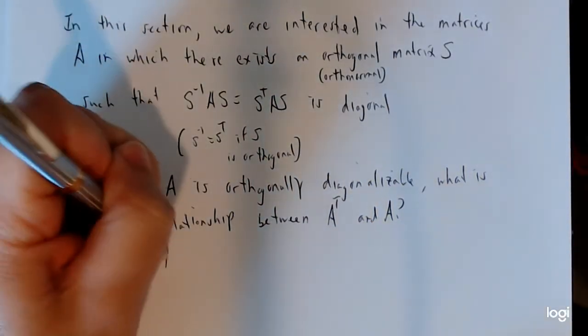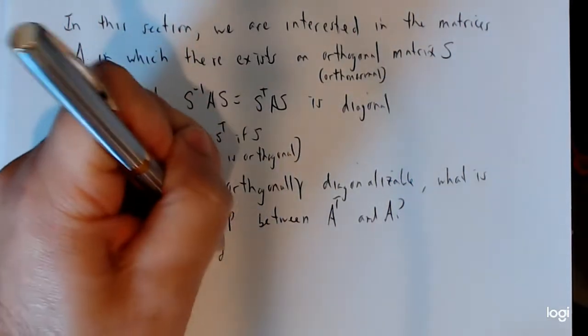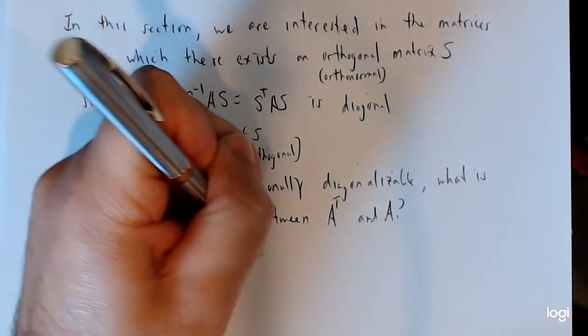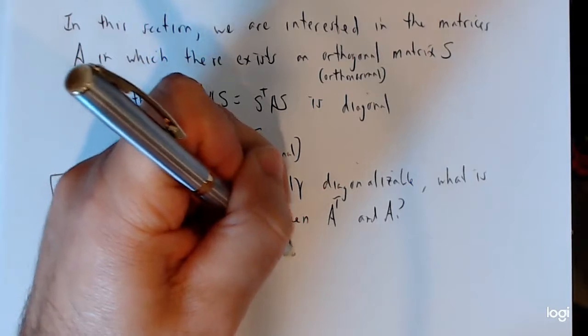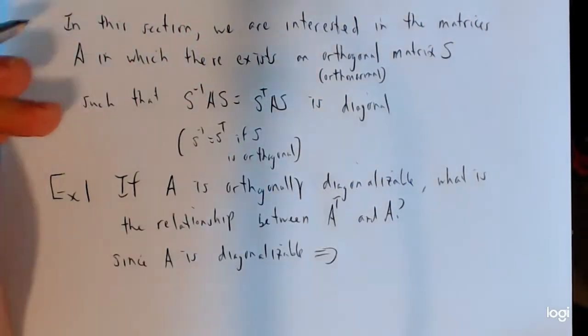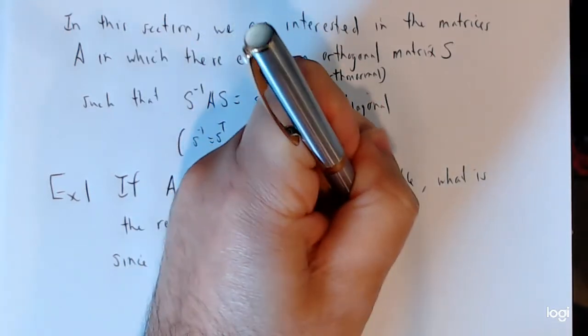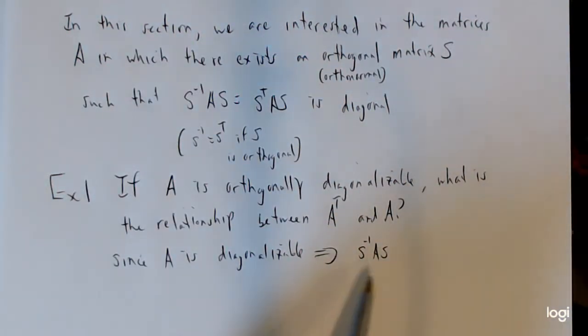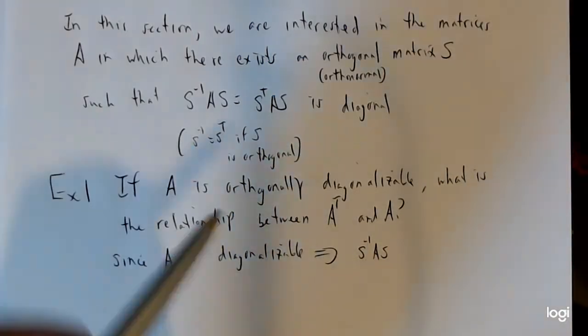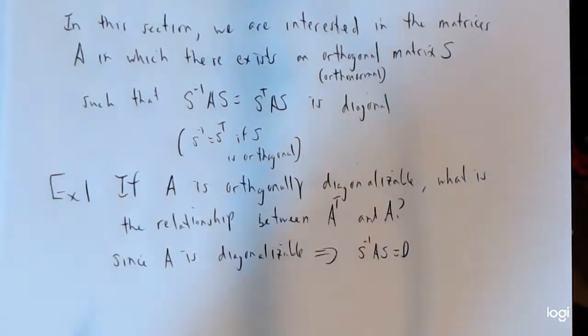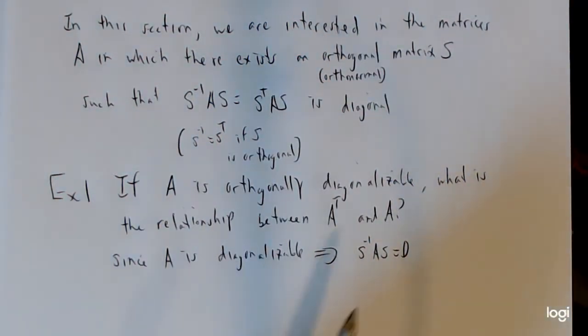We could say, look, since A is diagonalizable, this implies there is a matrix S, which is obviously invertible, where S inverse AS gives me a diagonal matrix, right? And more importantly, what is it that we know about this matrix S?